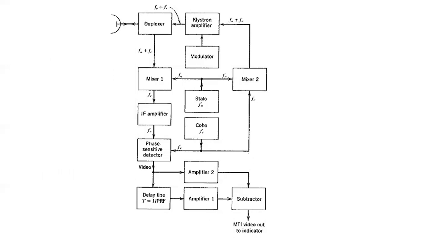Now for that, what all things are needed? We need a power amplifier. This power amplifier will create a very, very high microwave frequency. The klystron is a device which produces very high frequency microwave frequencies. So we are producing very high frequency with the help of this power amplifier.